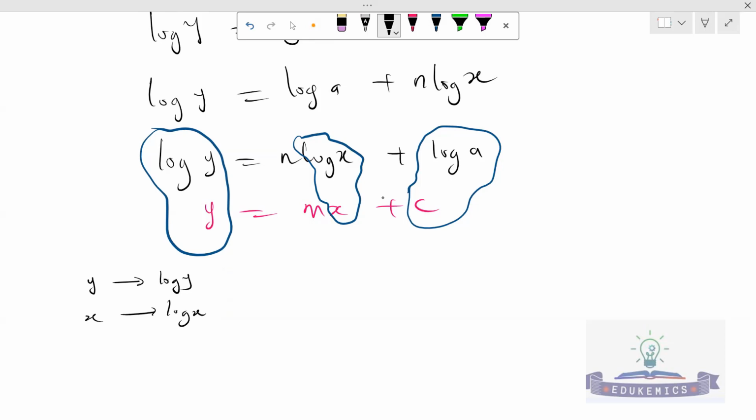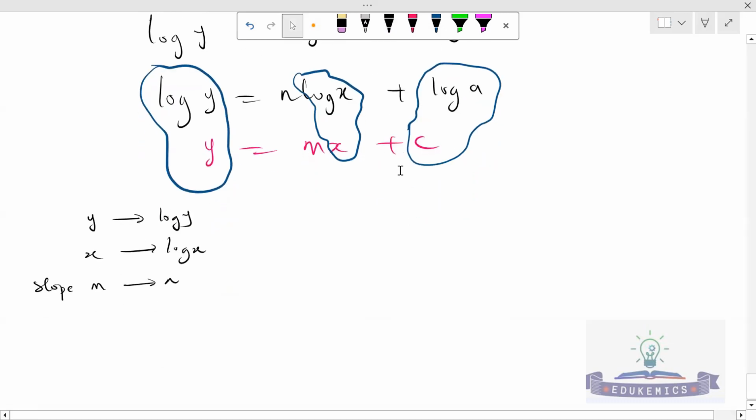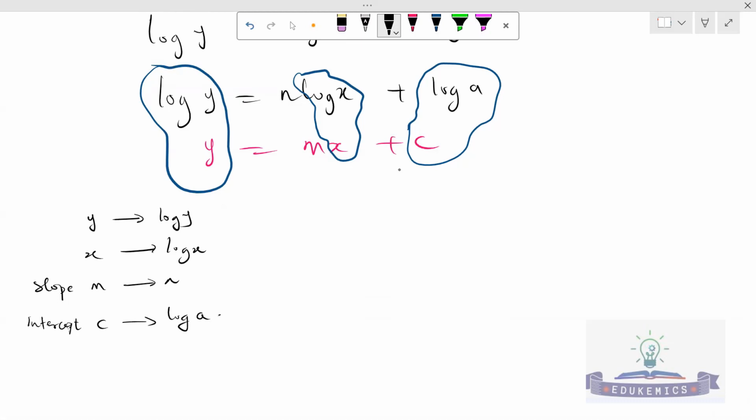So the slope, which is m, becomes n, and the intercept c becomes log a. Wow, beautiful.